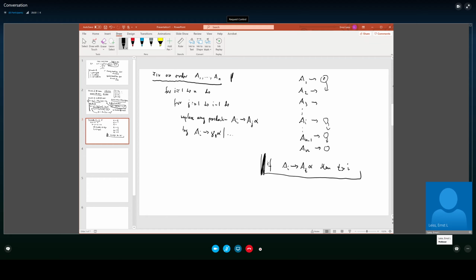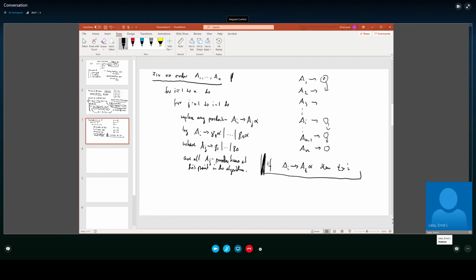Now, it is crucial that you actually do the two nested for loops exactly in the order in which it is written down. So for a specific i, you take first j equal to 1, and you look for Ai goes to A1. If there is, then you replace.